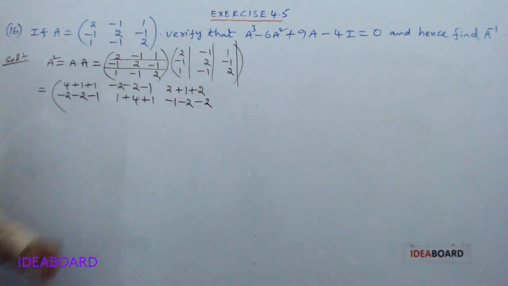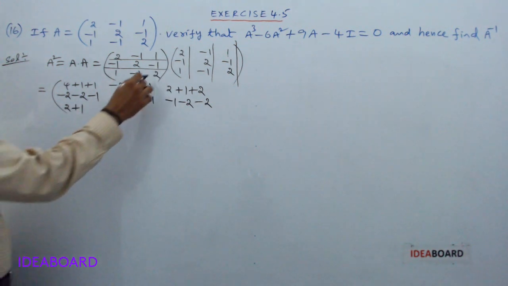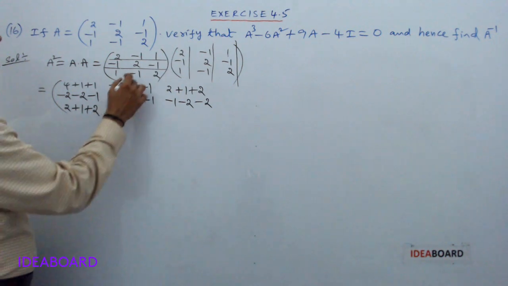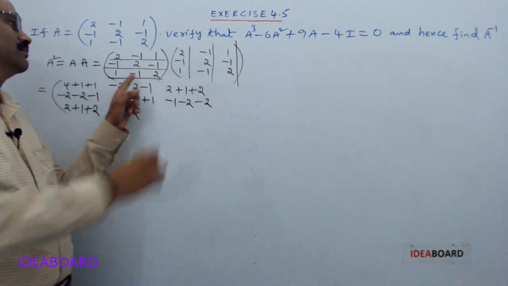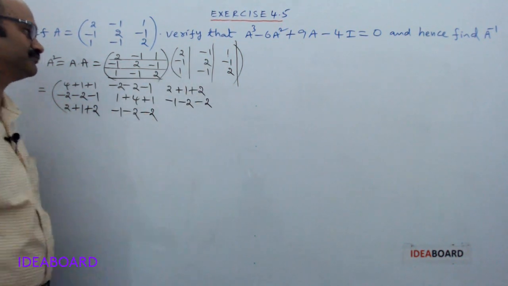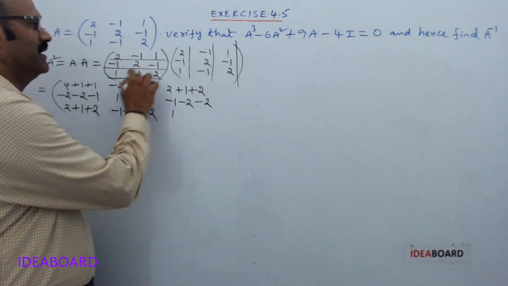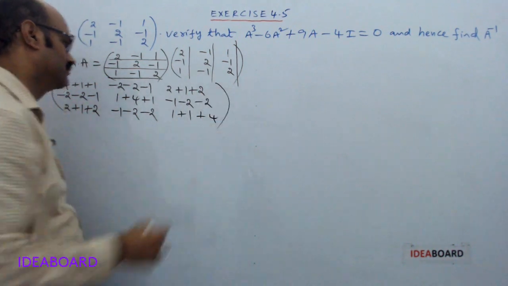Next 1 into 2 is 2 plus 1, 2 into 1 is 2, minus 1, minus 2, minus 2, 1 minus 1 into minus 1 is plus 1, plus 4.